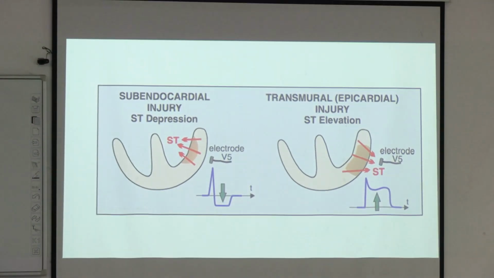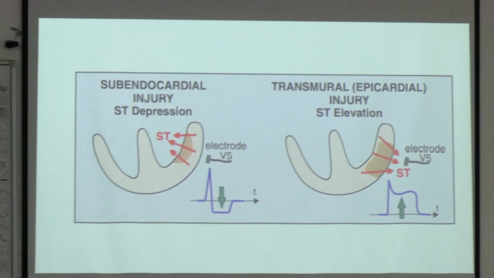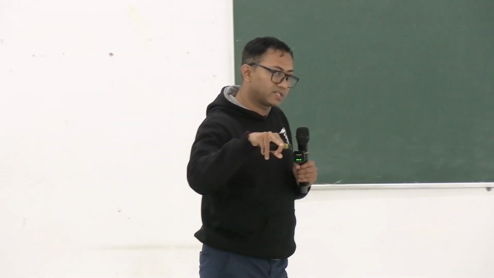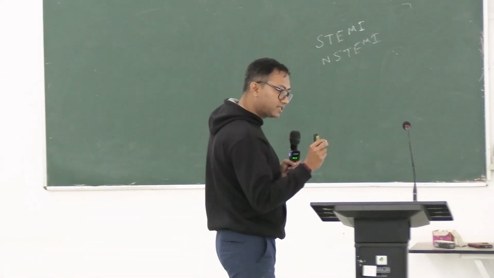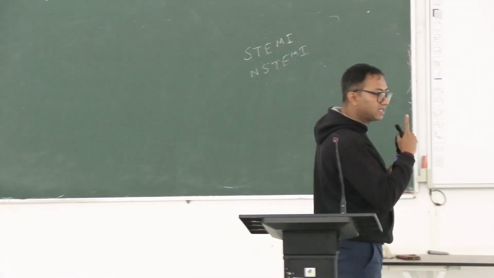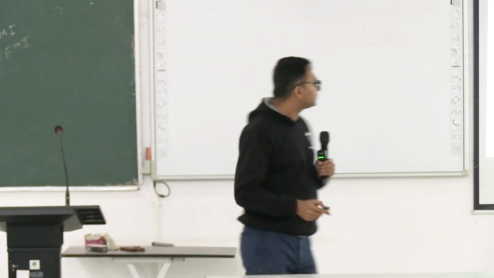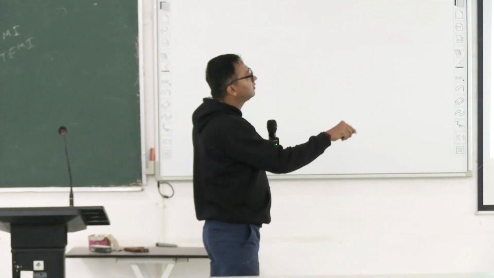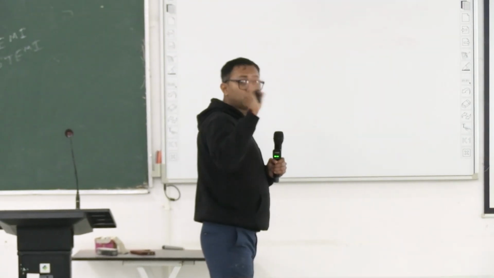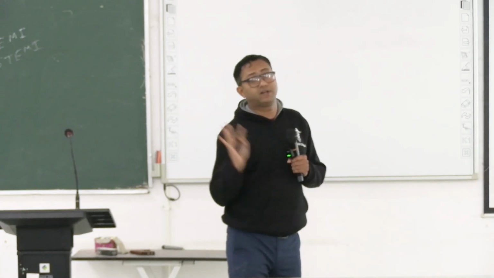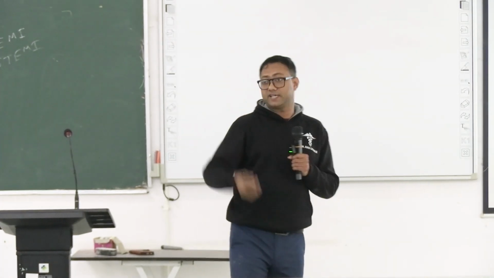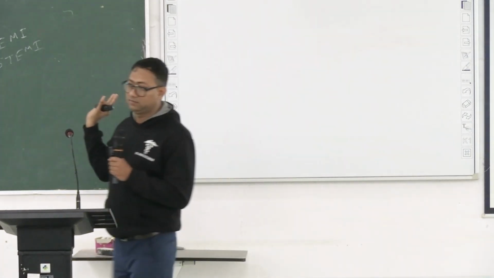You know that if an electrical vector travels towards the lead, it will give you a positive deflection, and if the vector moves away from the lead, it will give you a negative deflection. During the ST segment there should not be any electrical vector.